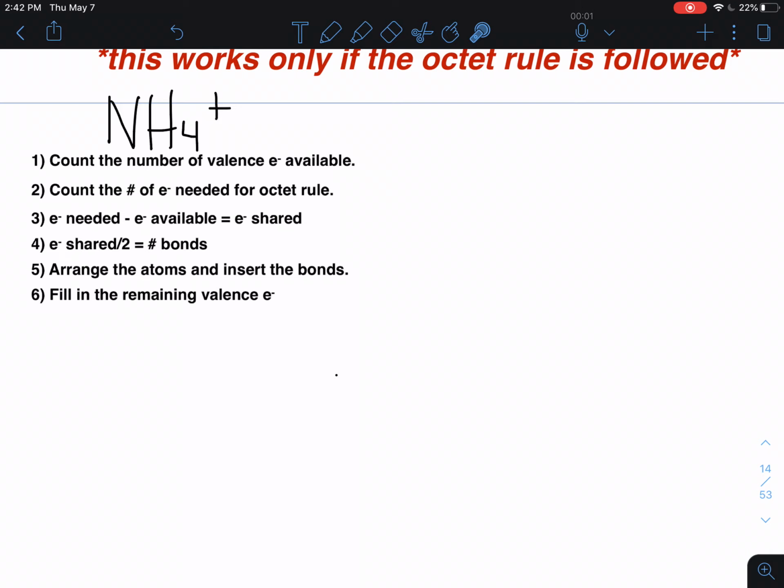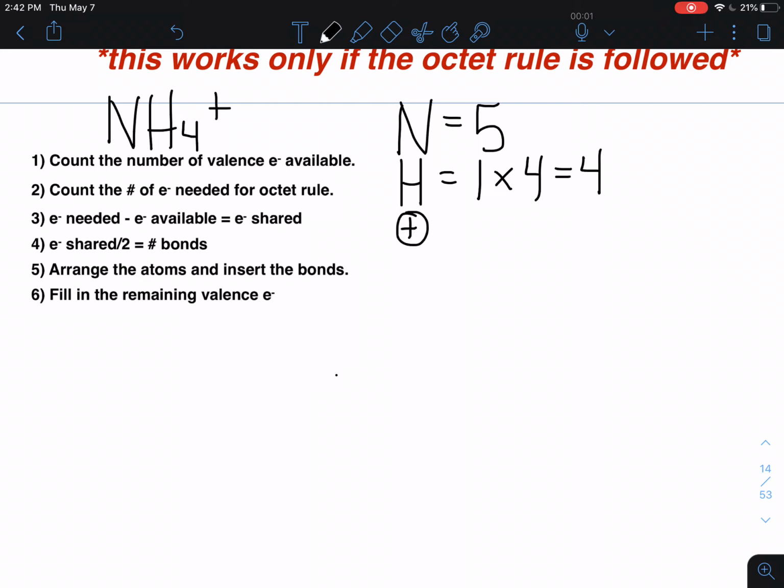Okay, so before, we knew that polyatomic ions with negative charges, we add electrons. So polyatomic ions with positive charges, we subtract. So NH4, first add up our valence. Nitrogen has 5, right? Hydrogen has 1 times 4, so a total of 4. That would give us 9, but since I have a plus charge, I have to subtract 1.